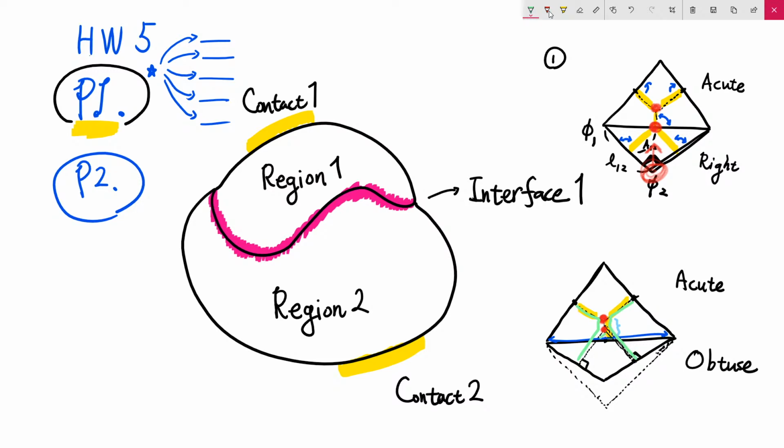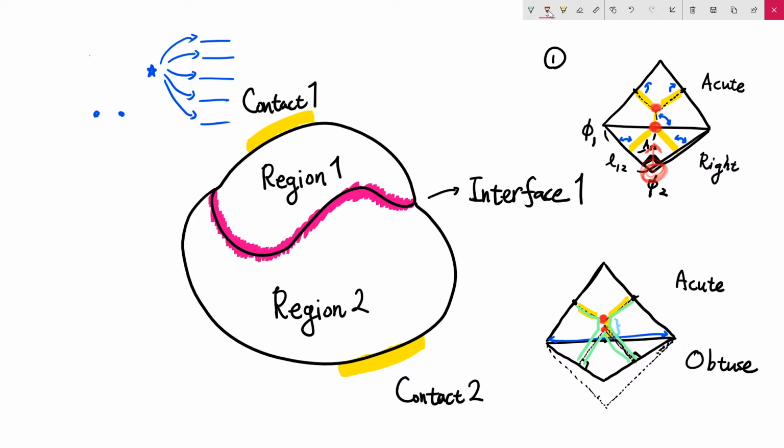And finally, we have this part. So if we draw the magnified view of our case, let me just draw here. Then we can think about this case.